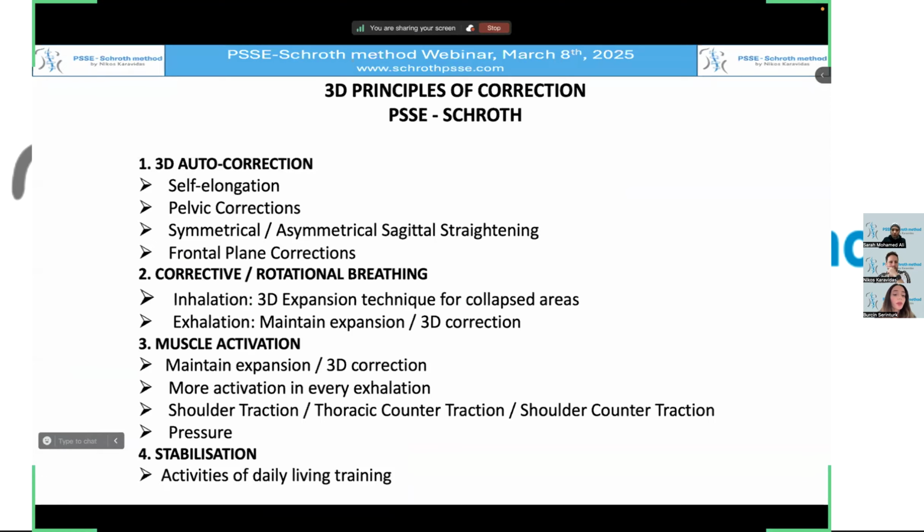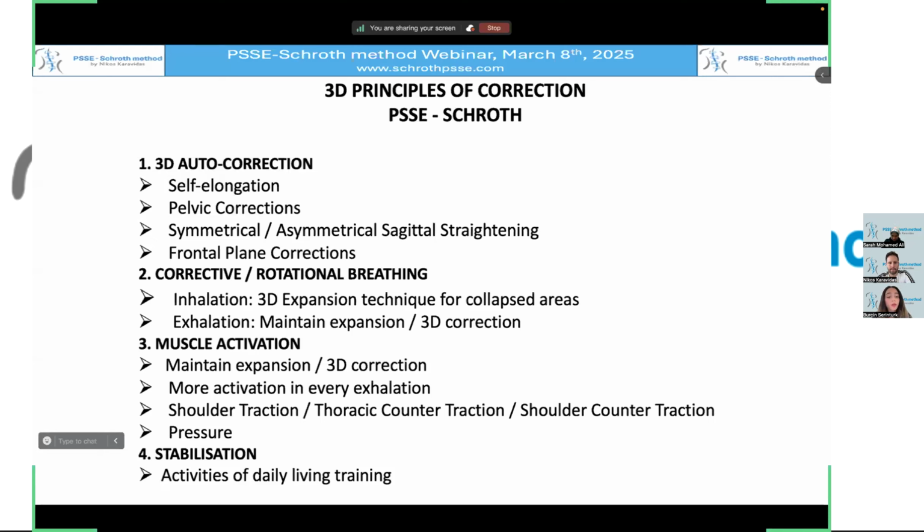First of all, we have 3D autocorrection, which includes self-elongation, pelvic correction, asymmetrical and symmetrical sagittal straightening, and frontal plane correction. 3D autocorrection means putting everything in the best possible 3D alignment. And it should be 3D, so we have correction for sagittal, transversal, and frontal plane.